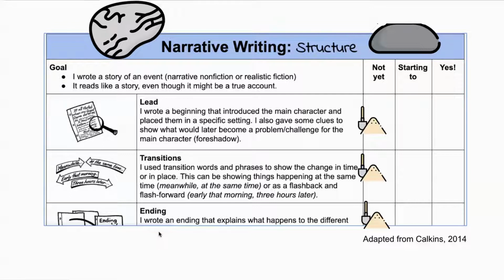And ding, ding, ding, these became our sand. These became the things we taught on a daily basis, or our mini lesson plans. For example, we started our narrative unit with thinking about the lead, introducing the main character and giving them a specific location. And so we taught that lesson. But this was defined because of our big rock, which is the rubric.